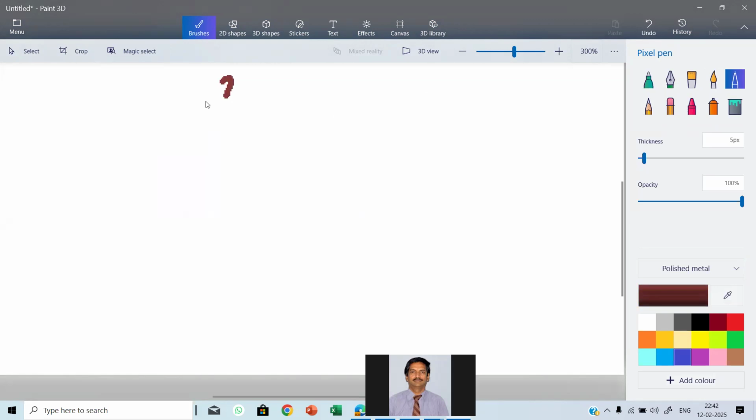Oh, the thickness is somewhat bigger. Okay, I will reduce the thickness to 2 or 3 pixels. Now you can see the heading. This is the transportation problem.